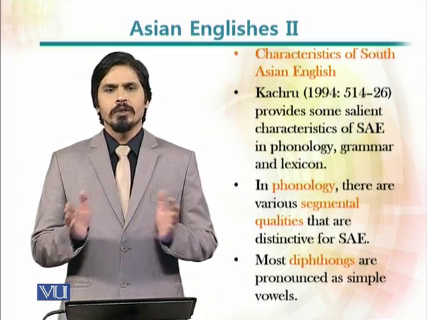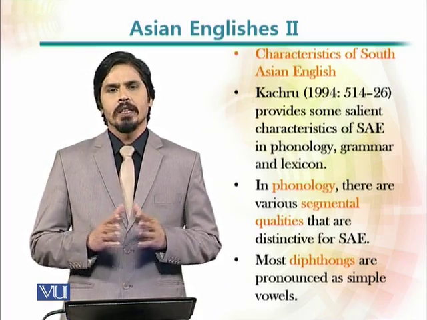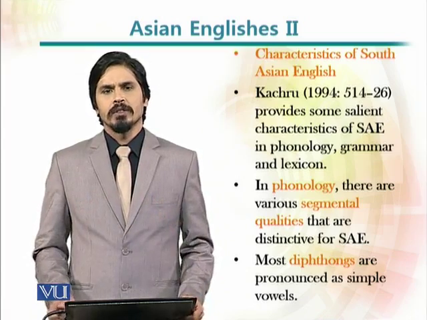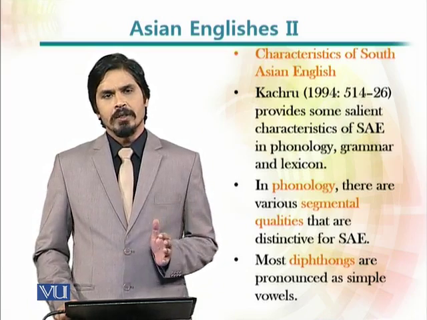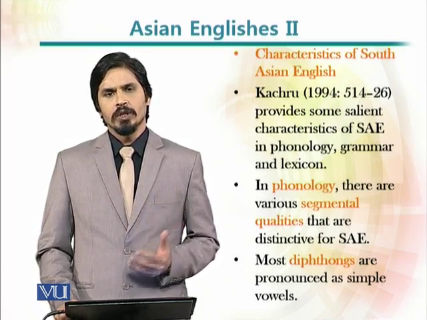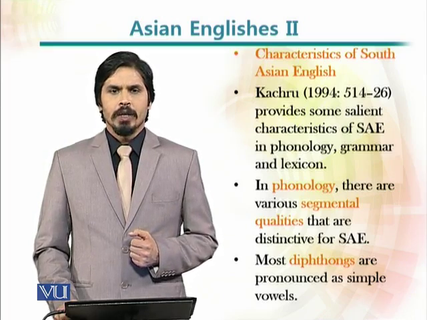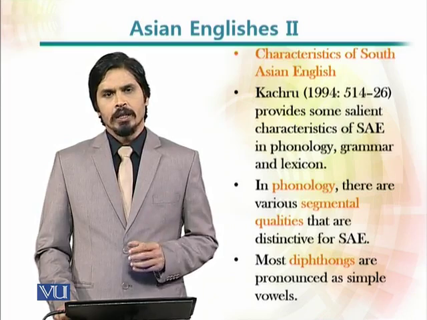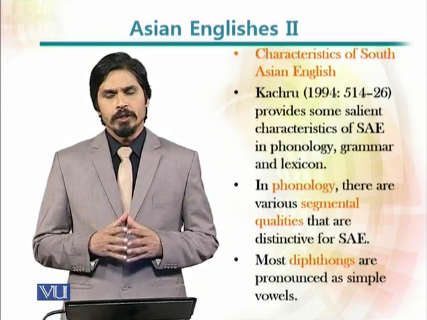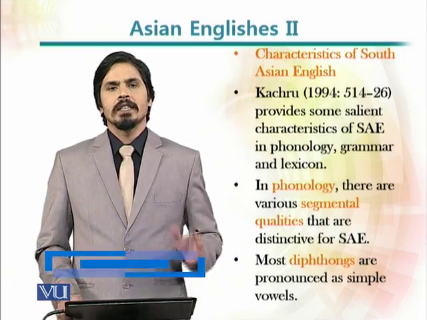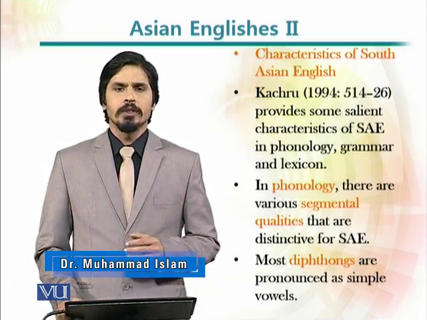If we look at the actual use of various Englishes spoken in these regions, there could be multiple differences. In phonology, there are many segmental qualities which make South Asian Englishes different from other varieties of English language. For example, diphthongs are spoken as normal vowels instead of their difference which is found in native varieties from short vowels or other vowels.